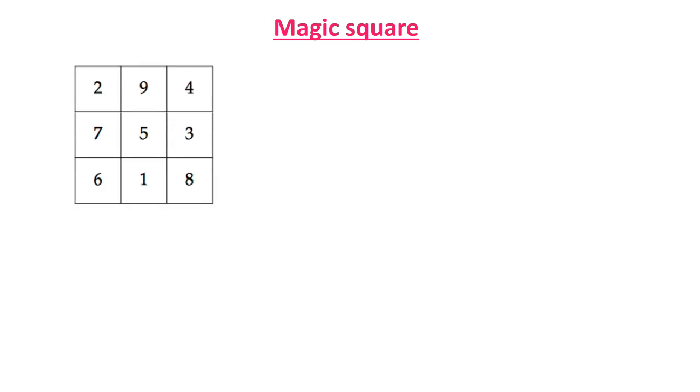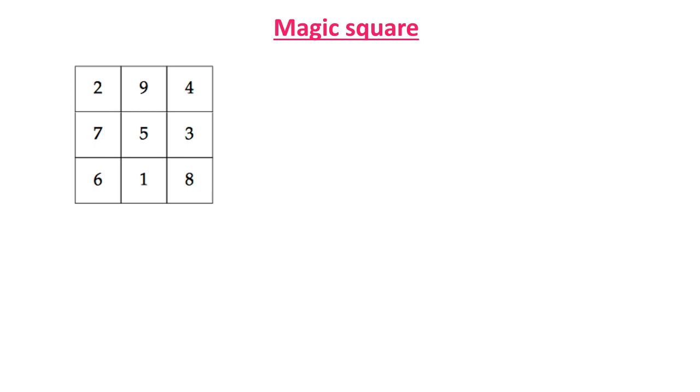Now coming to magic square. Observe this grid. It is a 3 cross 3 grid. 3 cross 3 means 3 rows and 3 columns. If you see here in the first row, the numbers are 2, 9 and 4. Second row 7, 5, 3 and third row 6, 1 and 8.